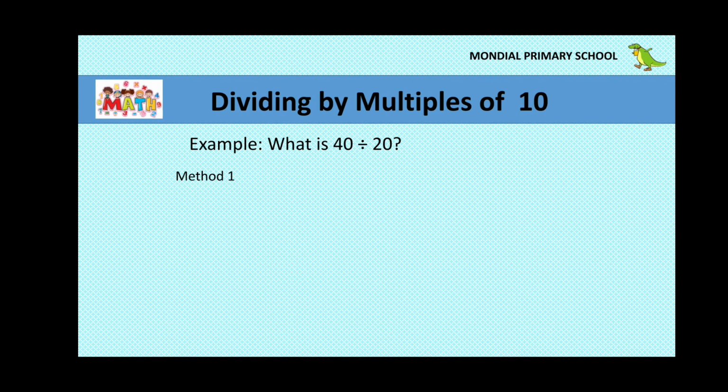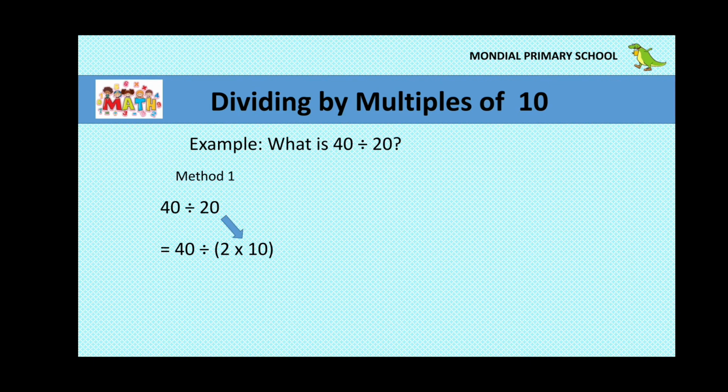The first method, 20 has 1 zero, so it must be a multiple of 10. 20 is equal to 2 times 10 or 10 times 2. Hence, using the first method, we can break down 20 into 2 times 10.